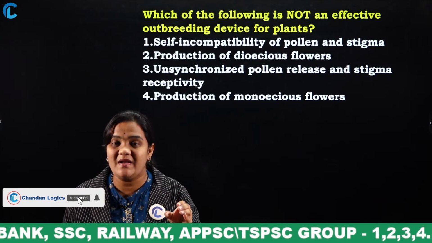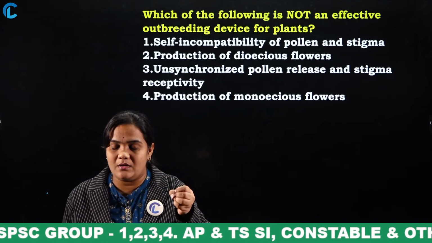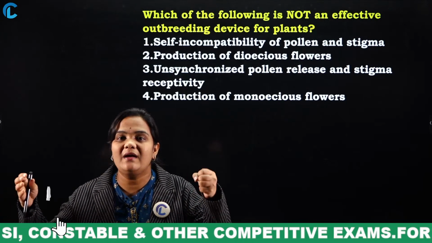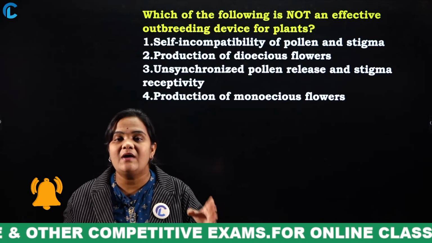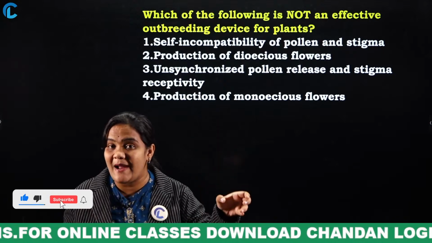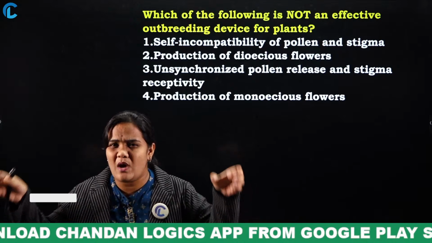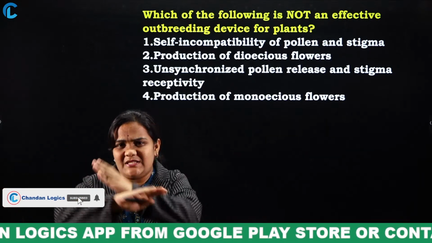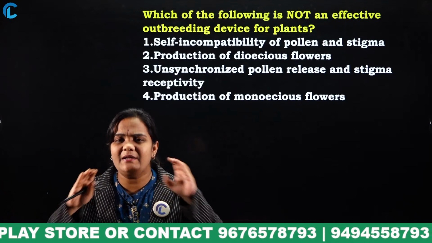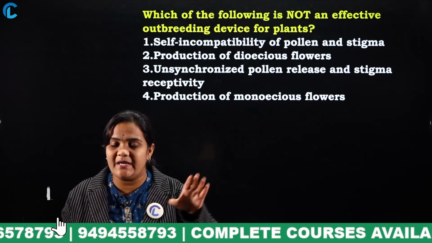In this type of flowers, the male reproductive part will be in one plant and the female reproductive part will be in another plant. That means these are two different flowers. That means it is crossbreeding, not inbreeding, it is outbreeding.